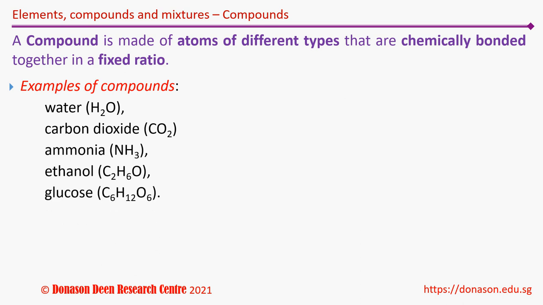Another example is glucose, in which 6 carbon atoms are combined with 12 atoms of hydrogen and another 6 atoms of oxygen to form a molecule. Therefore, remember that a compound must be made of atoms of different types that must be chemically bonded together, and the atoms are always in a fixed ratio.